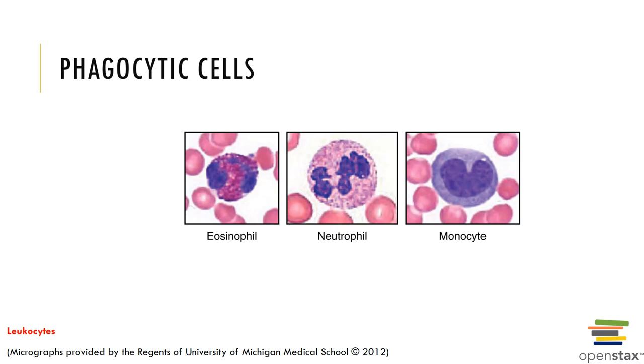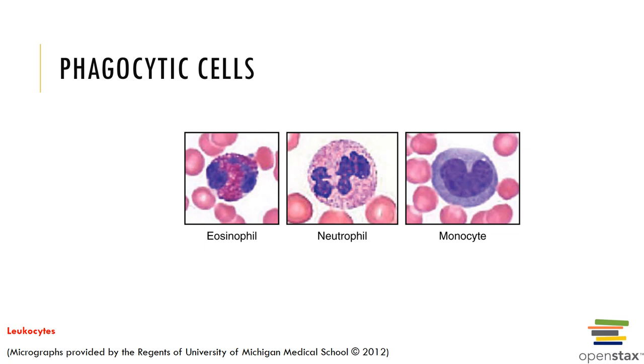Phagocytosis always begins with the attachment of the phagocyte to the target cell. In this process, called adherence, receptors on the plasma membrane of the phagocyte bind to the surface of the target. After attachment, the phagocyte will begin ingestion, digestion, and resolution. And there are different types of phagocytic cells that you can see on the slide.